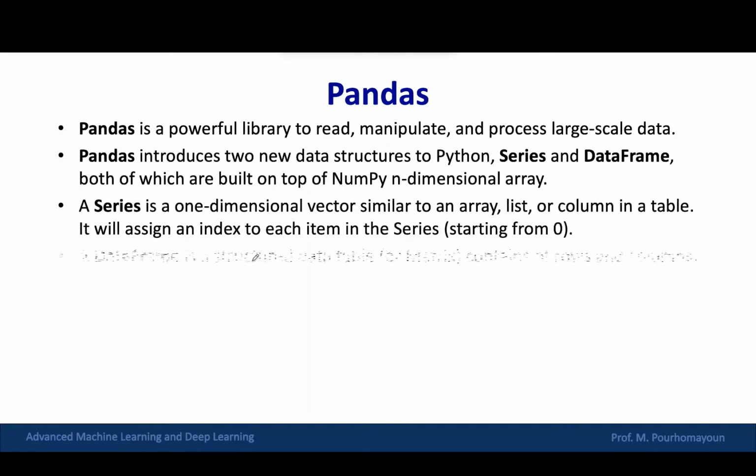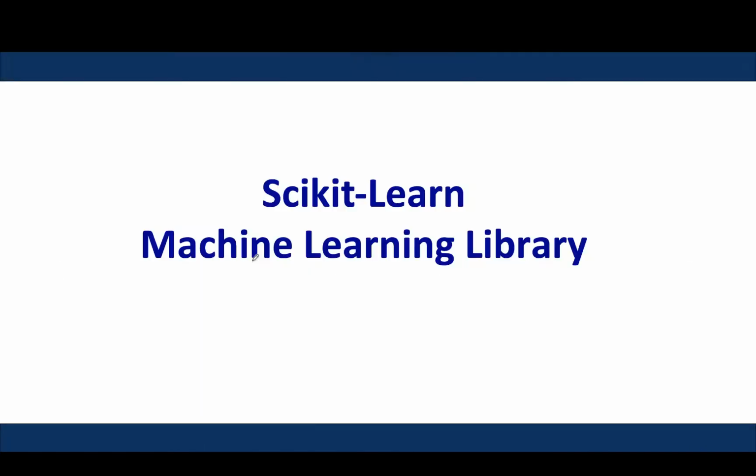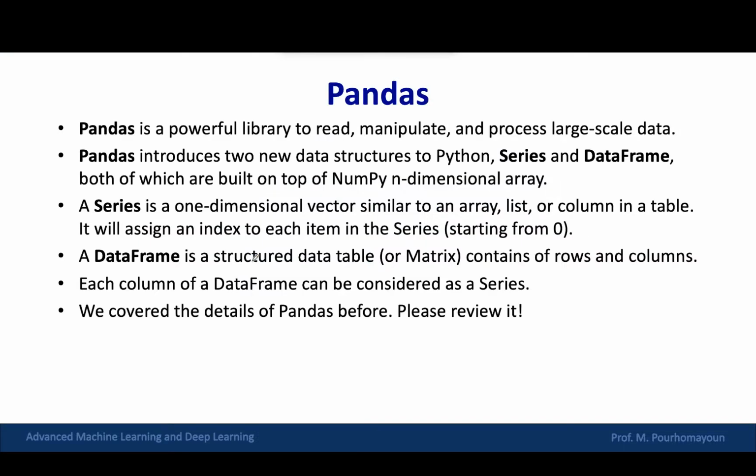Pandas is the first one, as you remember from last semester. It's a powerful library for processing of data. Most of the data that we receive and process, we convert into Pandas data frames.